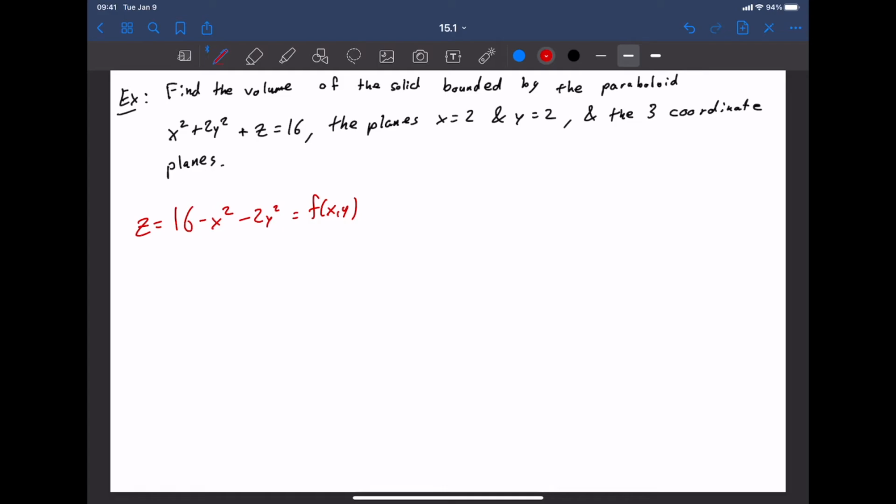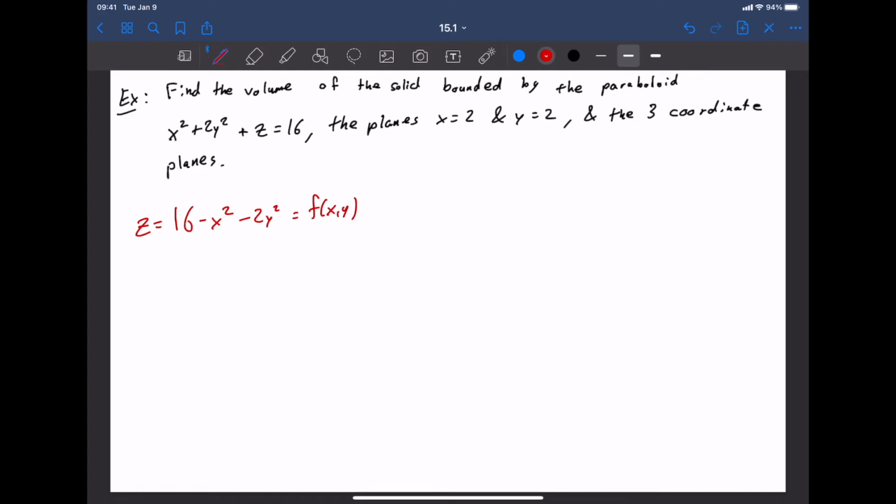And if we're above the coordinate planes, those are where x equals 0, where y equals 0, and where z equals 0. It's exactly the situation we're talking about. And the planes x equals 2 and y equals 2.